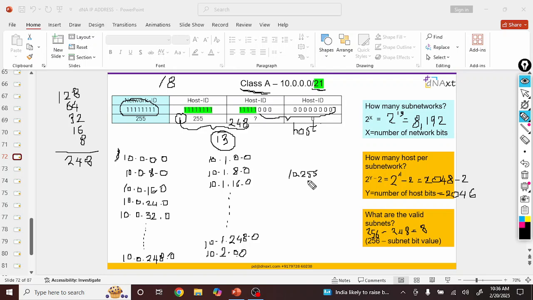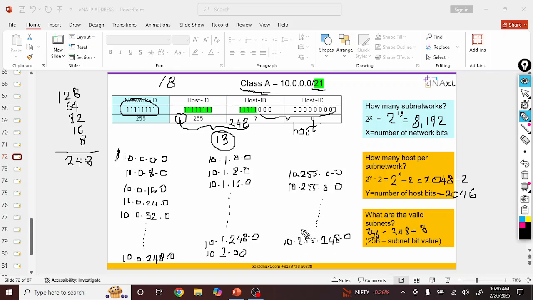So 10.255.0.0, 10.255.8.0, 10.255.16.0, 10.255.24.0 till we reach 10.255.248.0. Now an increment of 8 is not possible in this.